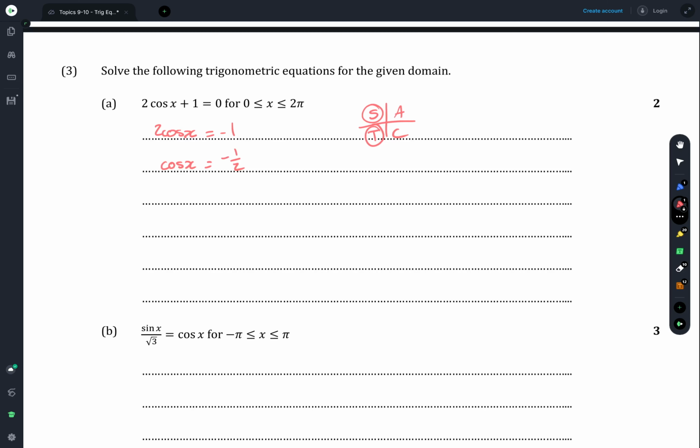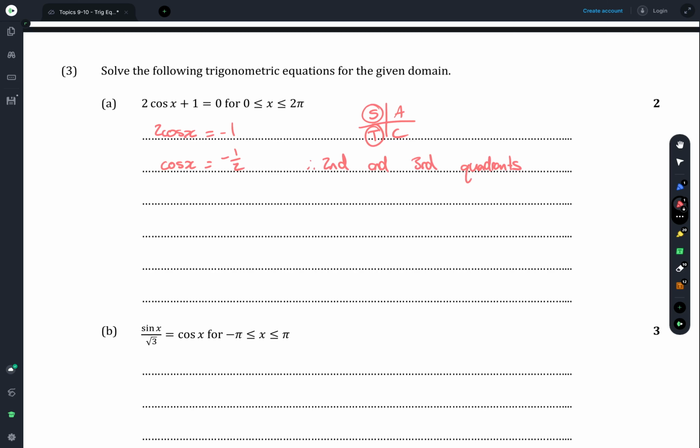We're looking at when it's negative. So therefore, we're looking for the third quadrant and the fourth quadrant. Okay? Even though, not this third and fourth, my mistake, second and third. Anyway, my mistake.